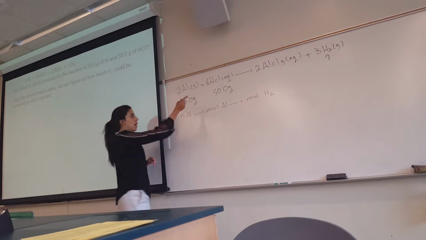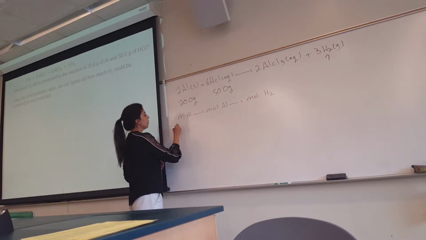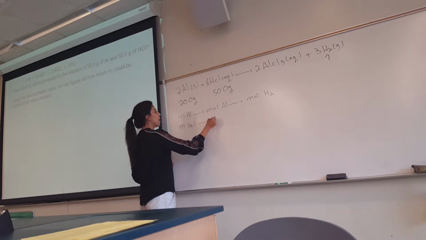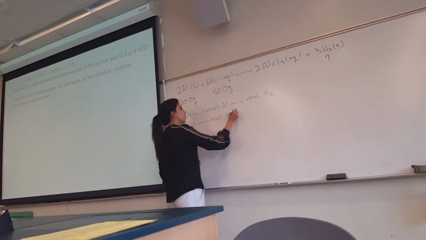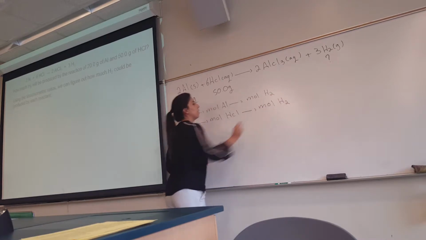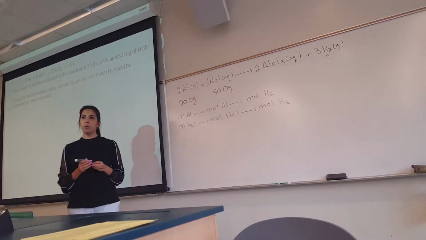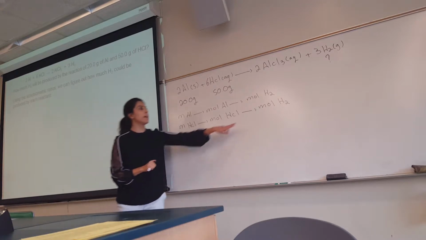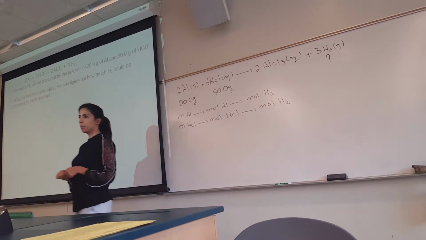And then in a separate calculation, I would assume that all of the hydrochloric acid, all 50 grams, is consumed, and I'm going to find the quantity, either in moles or grams, of hydrogen gas that would be produced.